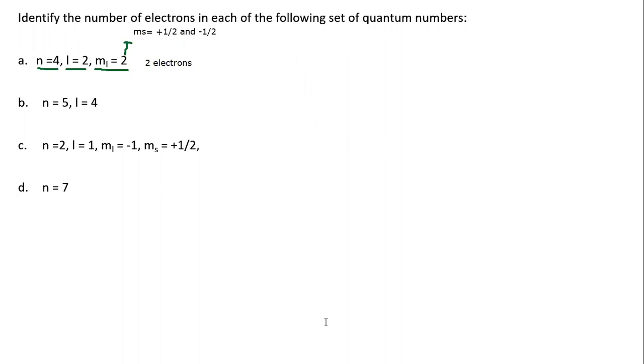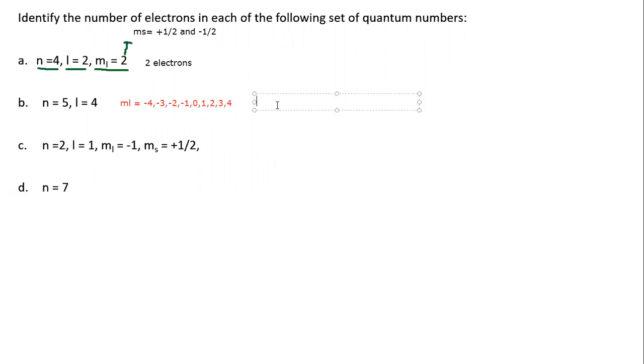Now if we go to the next one, n equal 5, L equal 4. Well, when L is 4, we have this many m sub L values. Since we have this many m sub L values, and remember each m sub L value holds 2 electrons, this would be a total of 1, 2, 3, 4, 5, 6.